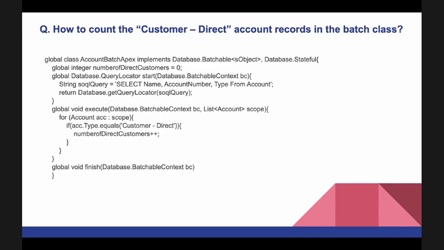Every time it goes through the iteration, it keeps increasing the number, and finally it goes to the finish. So basically, whenever we have to keep a count, we can use Database.Stateful.